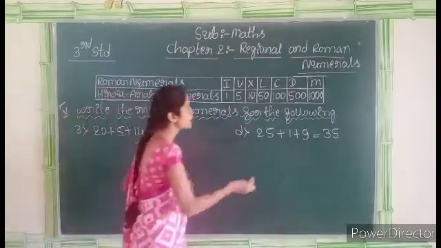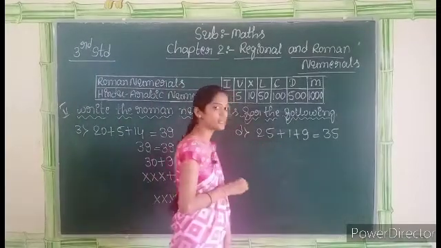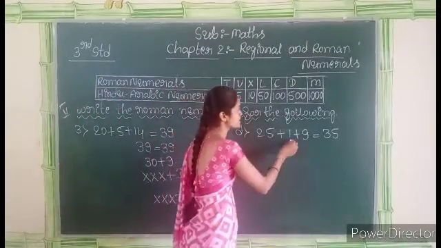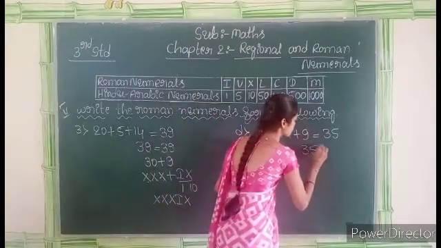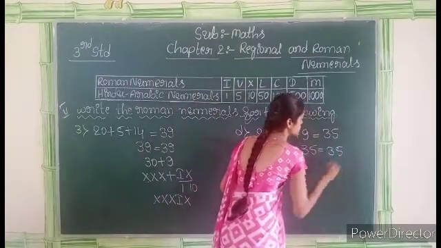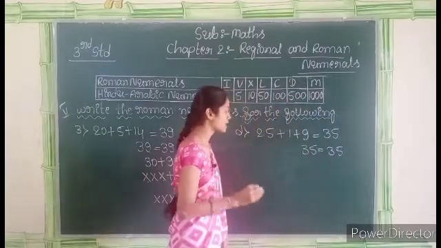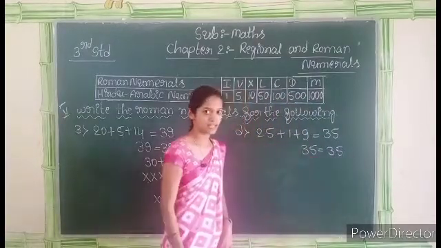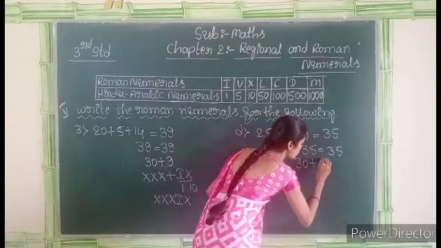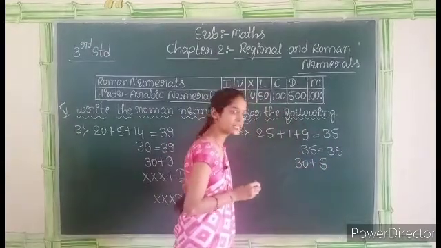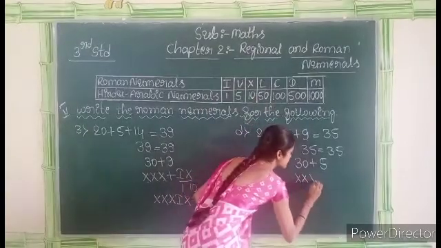Here, 25 plus 1, 26. 26 plus 9, 35. 35 is equal to 35. LHS is equal to RHS. We have to write the Roman numeral for this 35. 35 can be written 30 plus 5. 30 can be written 3 times X. Right?